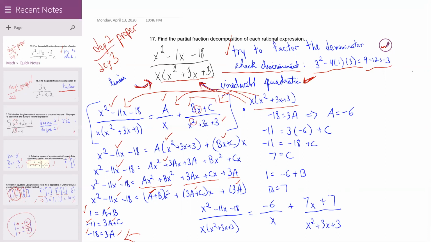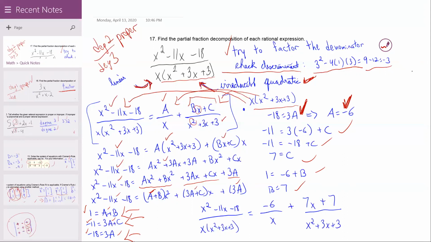This right here gives us immediately this and says that a equals negative 6, which means if we plug it into this equation, we get c equals 7, and then we plug that one into this first equation, we get b also equals 7, which again is a coincidence that doesn't always happen.